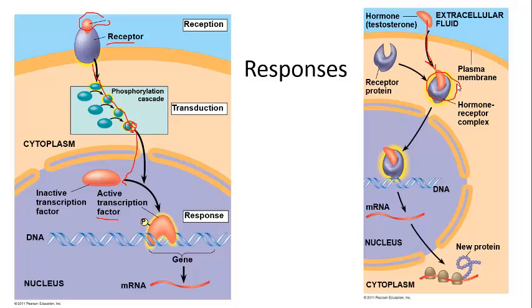Once they bind to a receptor within the cell, that complex enters the nucleus and again works as a transcription factor. It's going to activate a gene and initiate the production of a protein. Steroid hormones like testosterone and estrogen and progesterone regulate the process of protein synthesis. They activate genes and they control what proteins are being made.